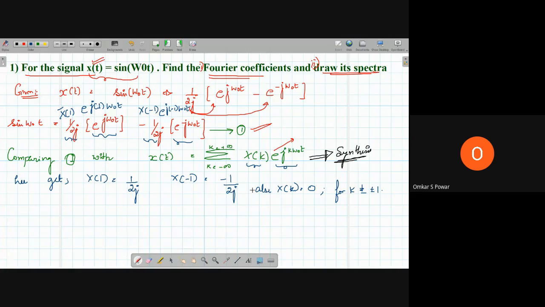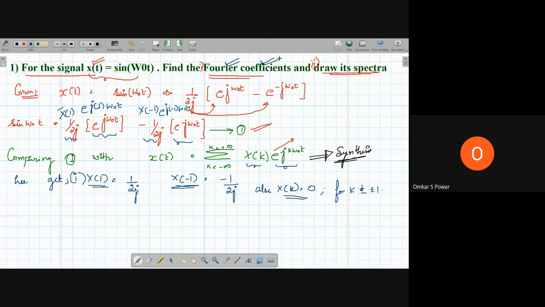So except for plus or minus 1, all the values of x[k] are 0. That's it. We have got two coefficients, x[1] and x[−1], and our first problem gets over. So we have found the Fourier coefficients.